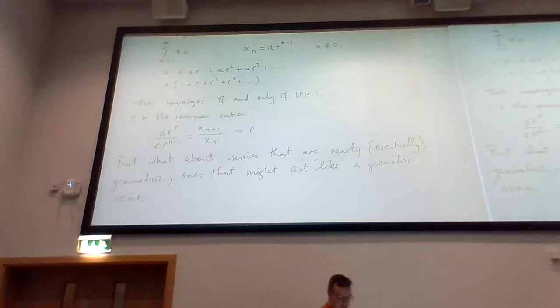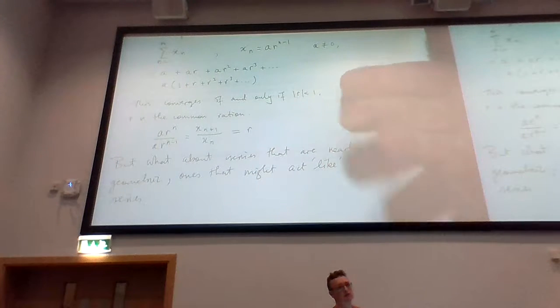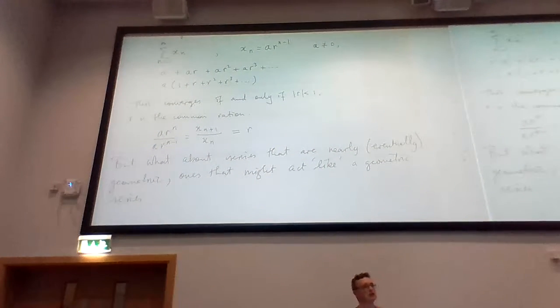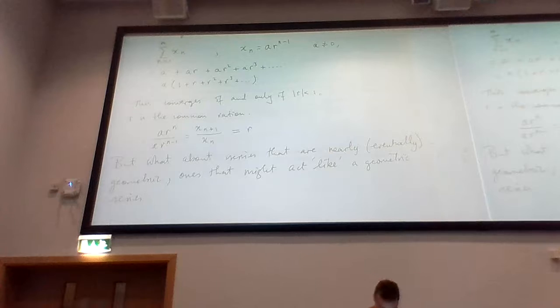And what we'd like to be able to do is, if we can articulate that well, then hopefully we can, using the very well understood convergence properties of a geometric series, maybe we can also draw conclusions about the convergent status of these series.